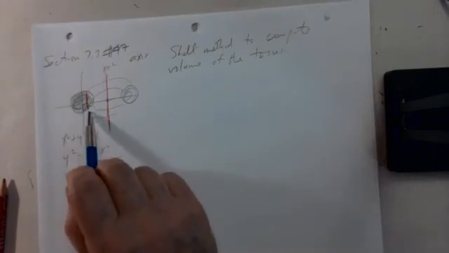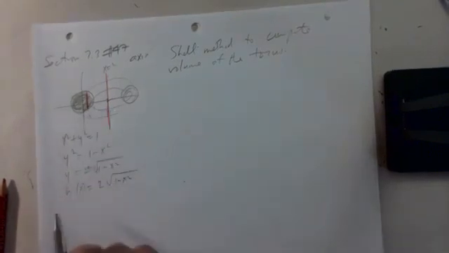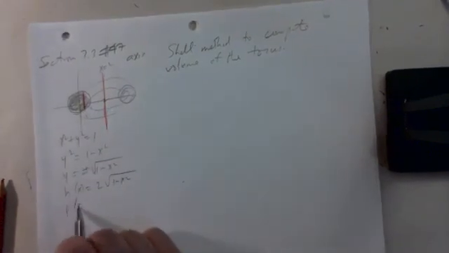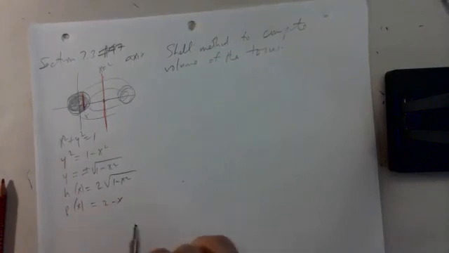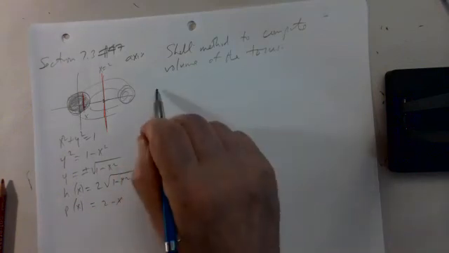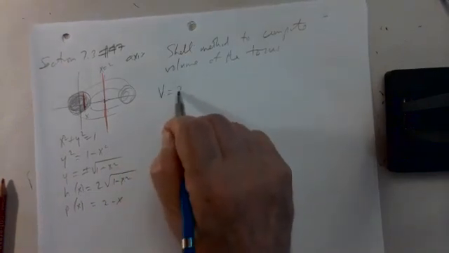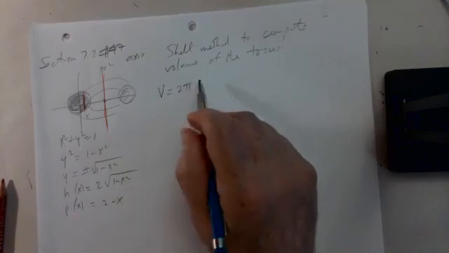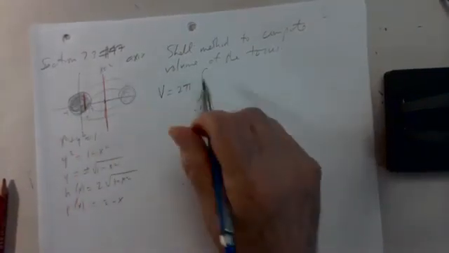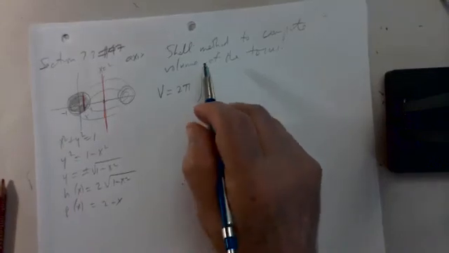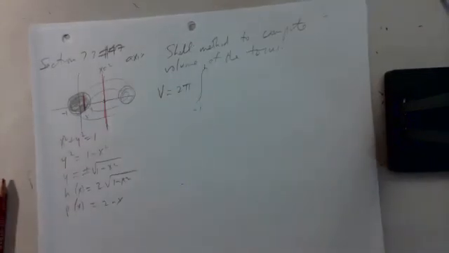And the distance from x to the axis of rotation, p of x, is 2 minus x. So if we use the formula for the volume, it's 2 pi, the integral from minus 1 to plus 1 of p of x, h of x, dx.